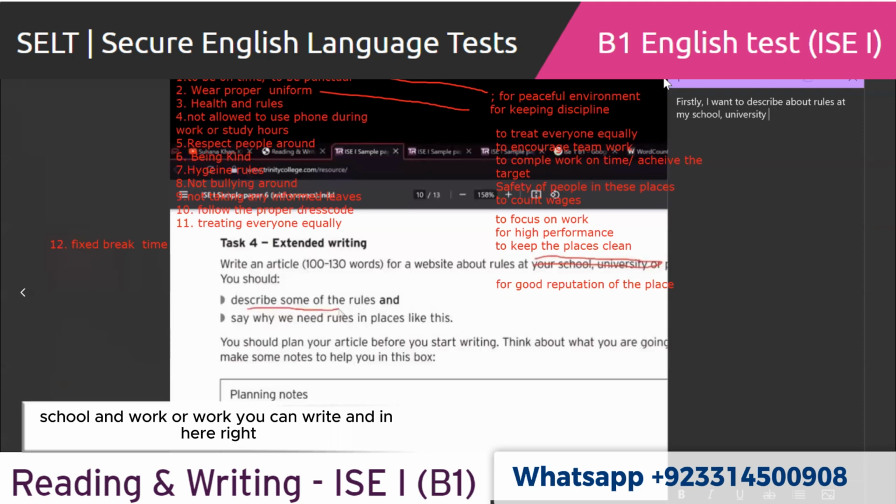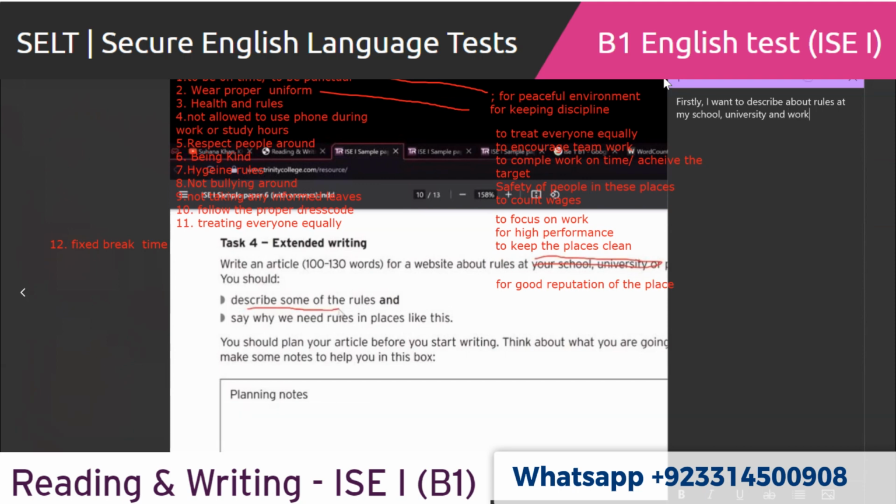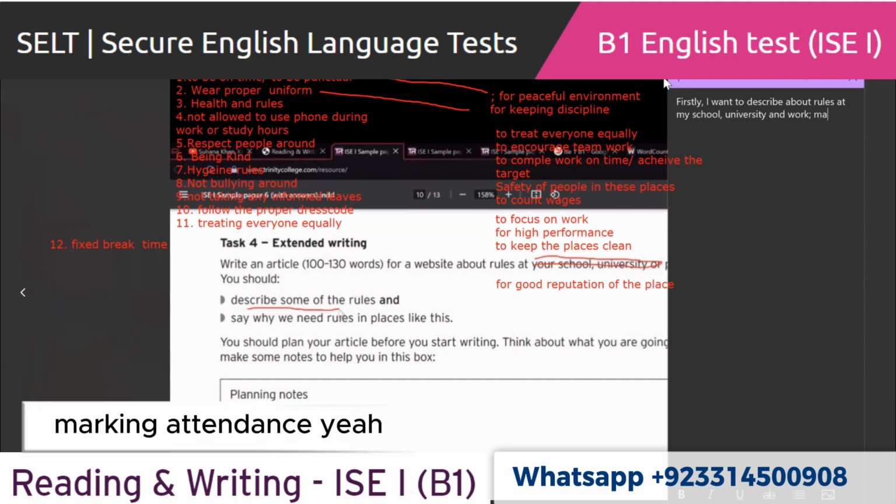You can write "and" in here, right? Because now that you've made up your mind that you're going to describe all places like this. And work; marking attendance; to be on time.